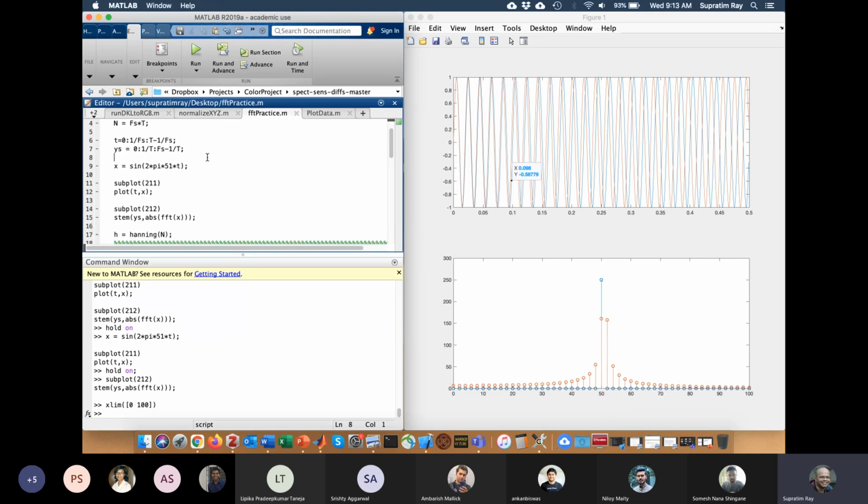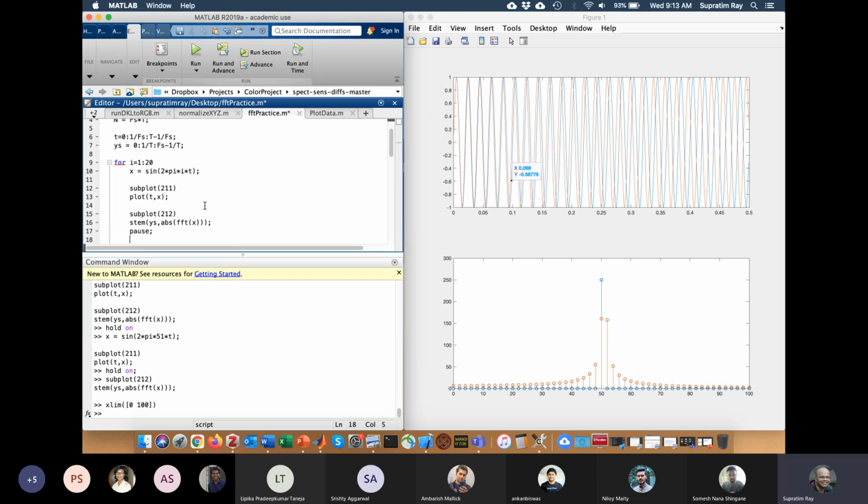Let me run a for loop here so that maybe you guys can appreciate this better. Suppose I go i equal to 1 to 20 and then sin(2 pi i t), subplot this, subplot that, and I'll pause here.